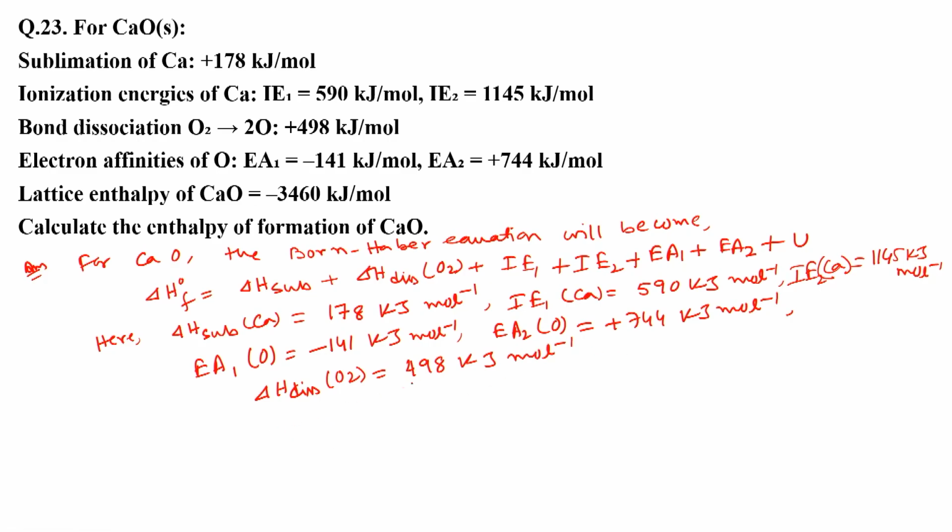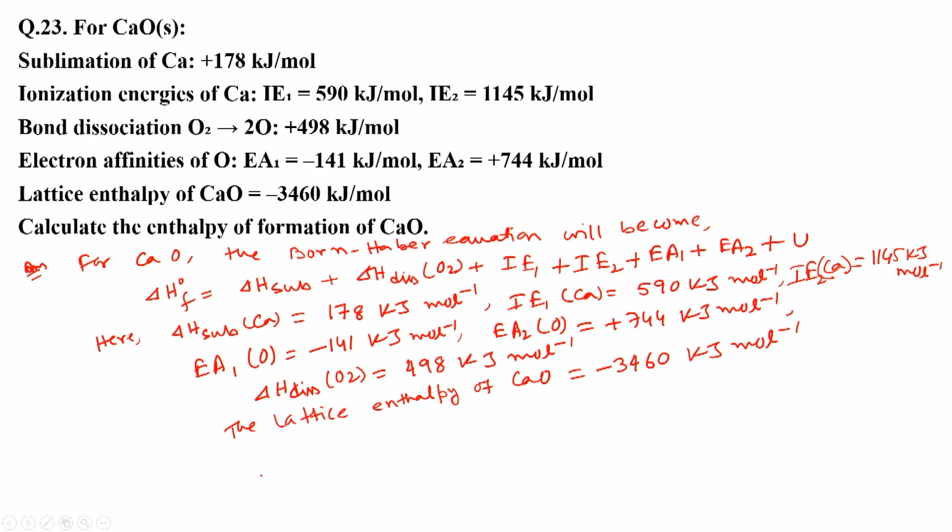U is also given, the lattice enthalpy of CaO is minus 3460 kilojoule per mole.